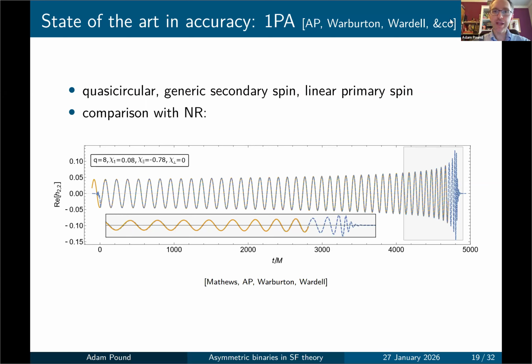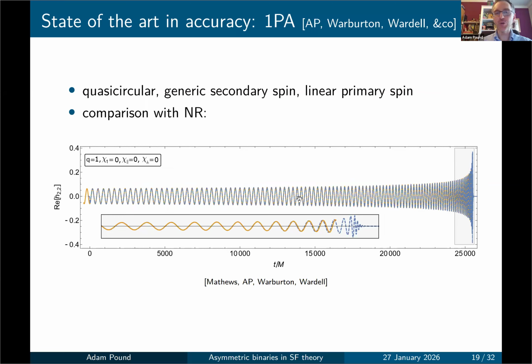We re-expand everything in the symmetric mass ratio. And the symmetric mass ratio is equal to a quarter for equal mass. So our subleading things, even for equal mass, are mildly suppressed by that quarter. And if you look at the accuracy of our waveforms, it's actually totally consistent with what you'd expect just from that scaling.